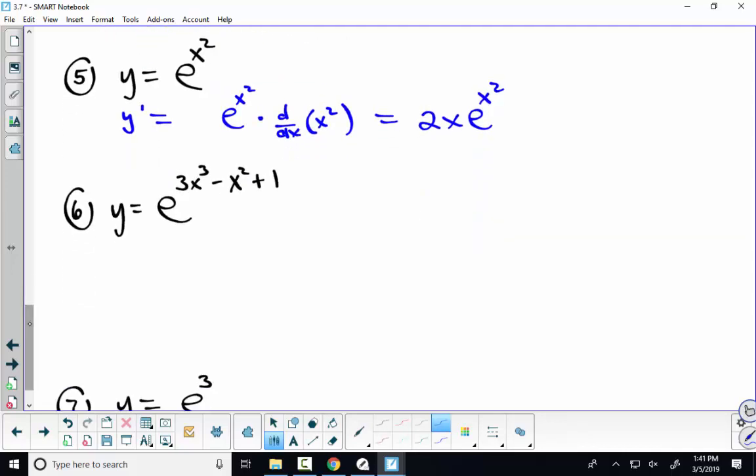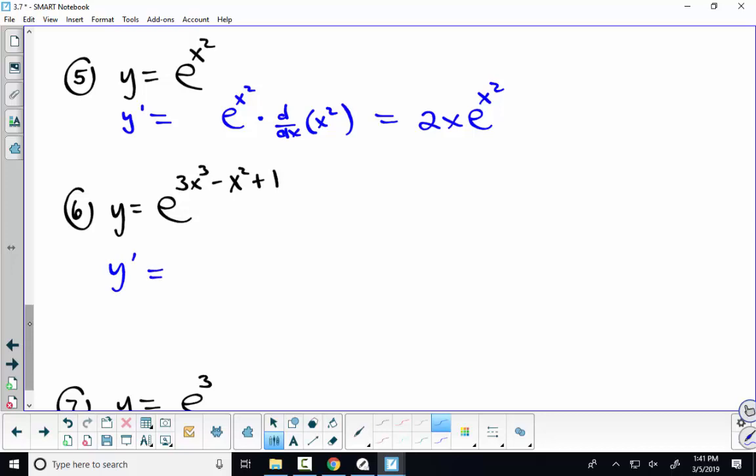What's the derivative of number 6? 9x squared minus 2x times e to the power of 3x cubed minus x squared plus 1. Right, yep.